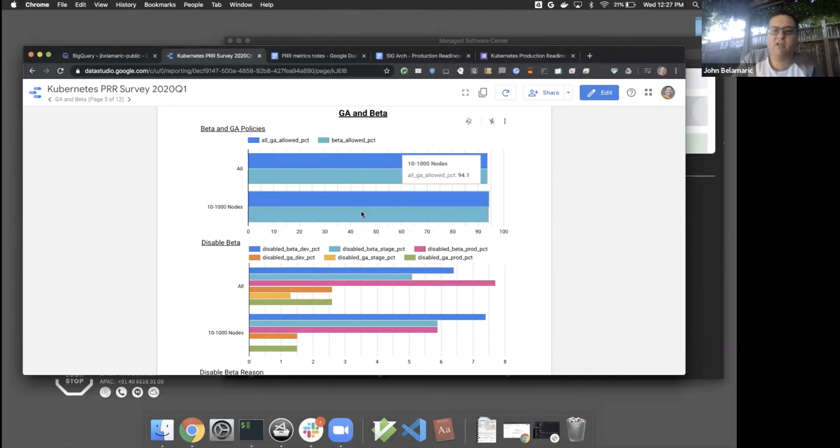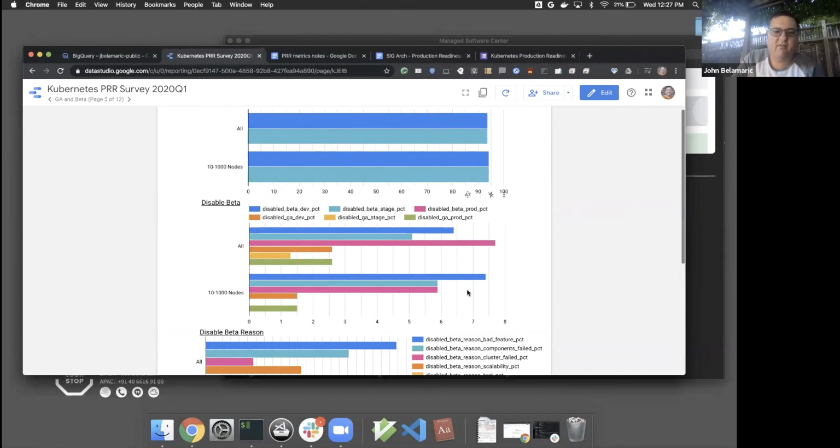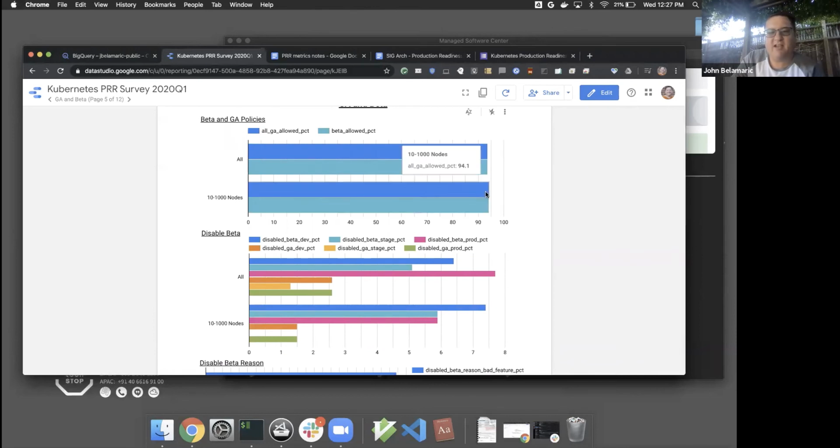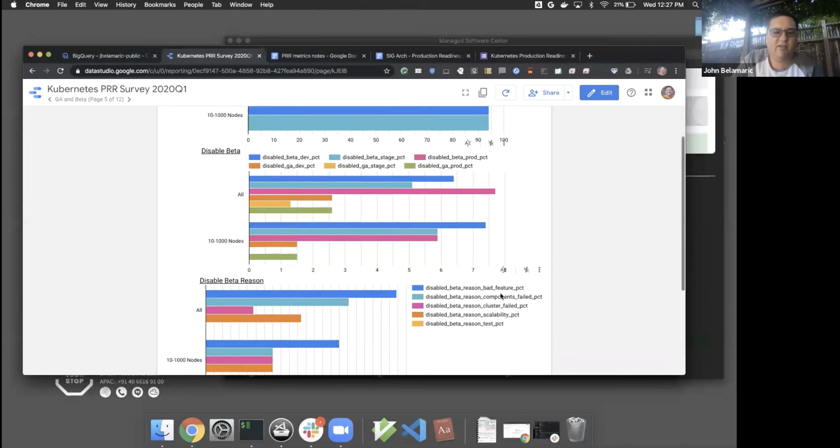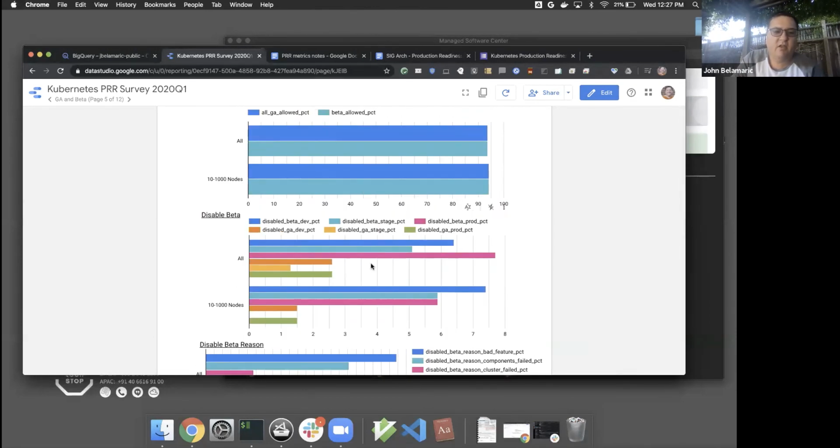Okay, so GA and beta. In production, yes, and it goes up slightly actually. This one's a little hard to parse. So disabled beta in dev, stage, prod, disabled GA in dev, stage, prod.